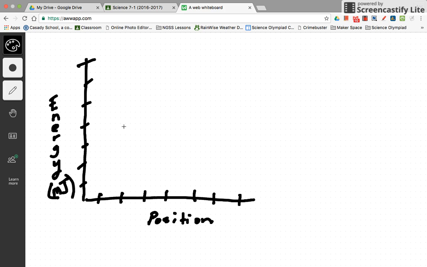Then you're going to be graphing both the kinetic energy and the potential energy. Let's say that you get something like this for the kinetic energy. Go ahead and use a nice curved line to connect the dots.